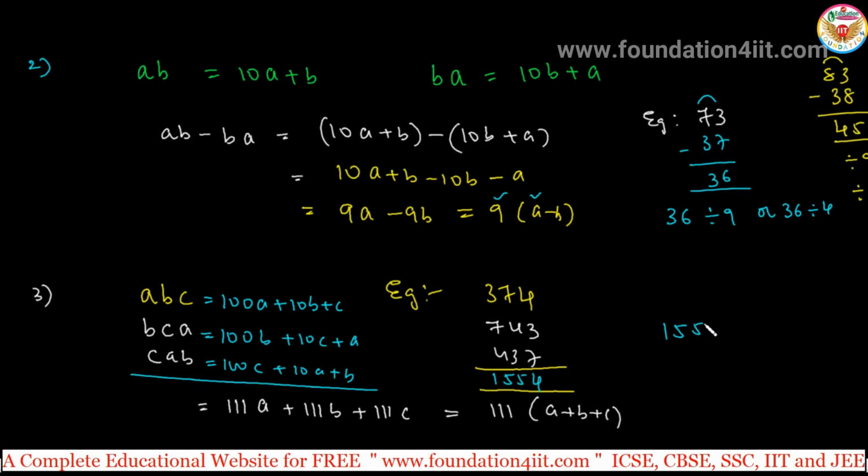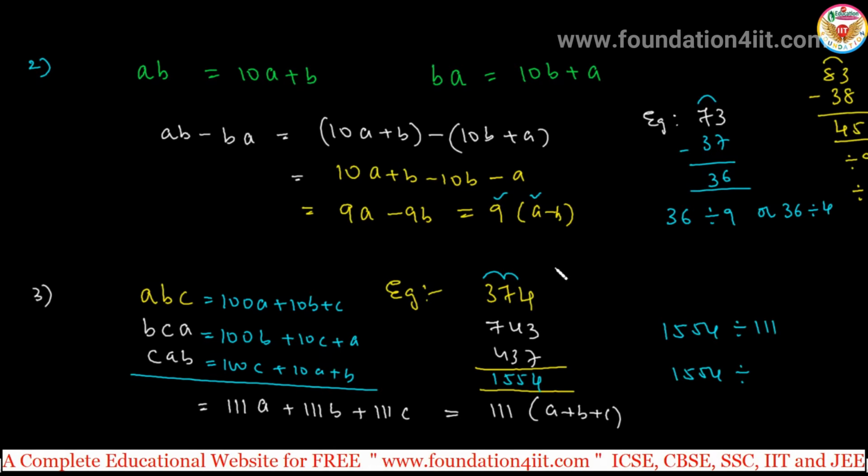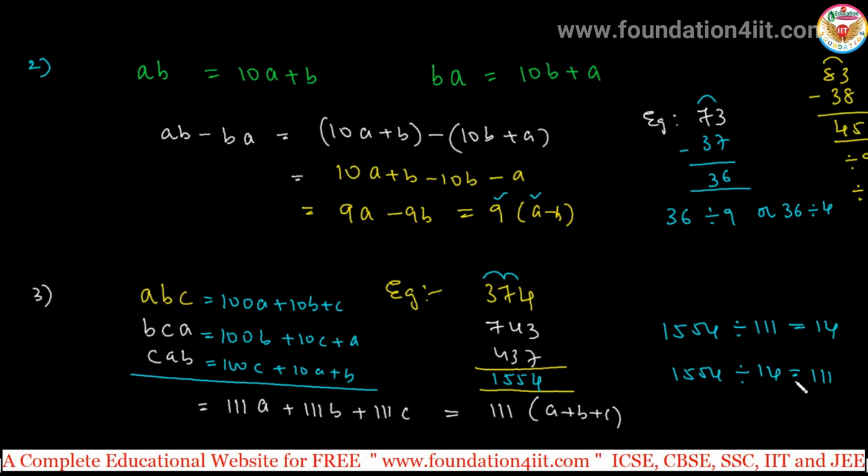So 1554 is always divisible by 111, or divisible by the sum of the digits 3 plus 7 plus 4. I took only 3 digits in the place of ABC. So 14. If I divide by 111, the answer is 14. If I divide by 14, the answer is 111, because the sum of those numbers is 111 into A plus B plus C.